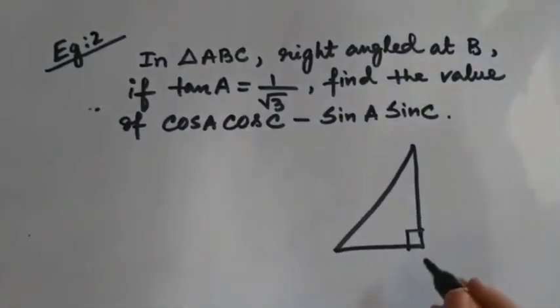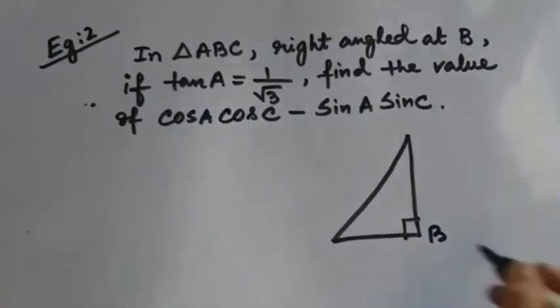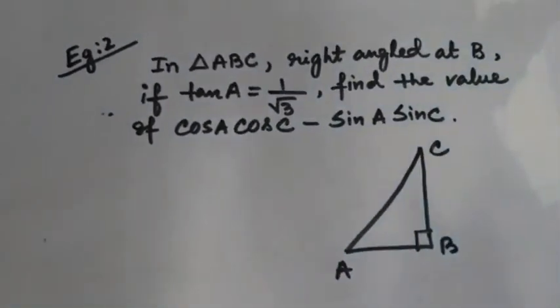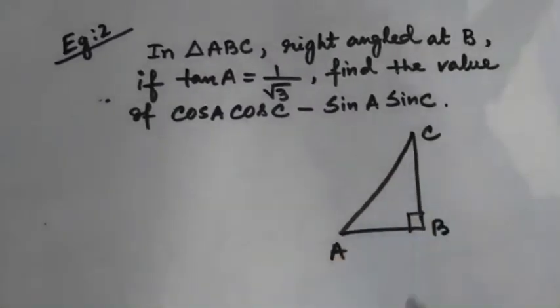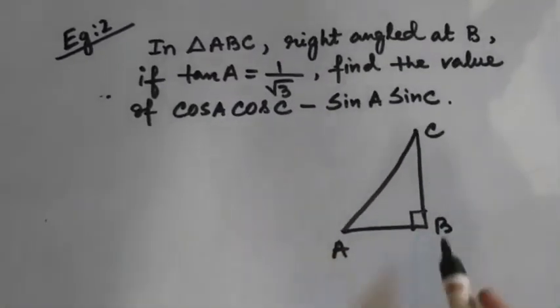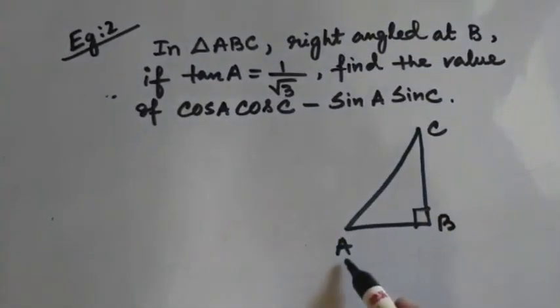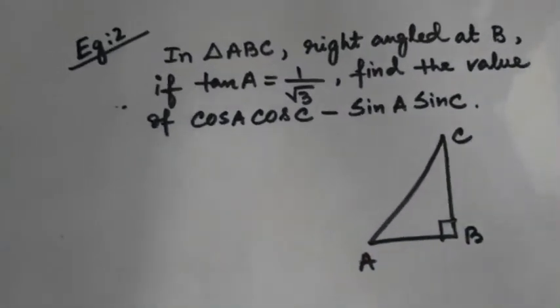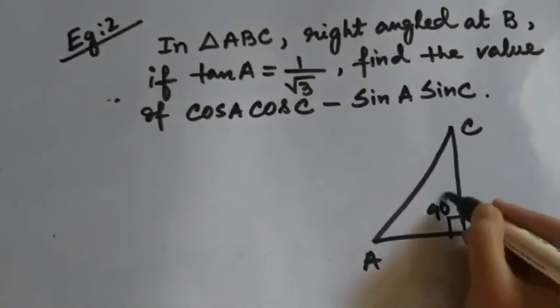Angle B is right angled. This is B and this is A and C. So the A and C points will be your choice. You can put C point there and you can put A point here also. Okay. So this is 90 degree.